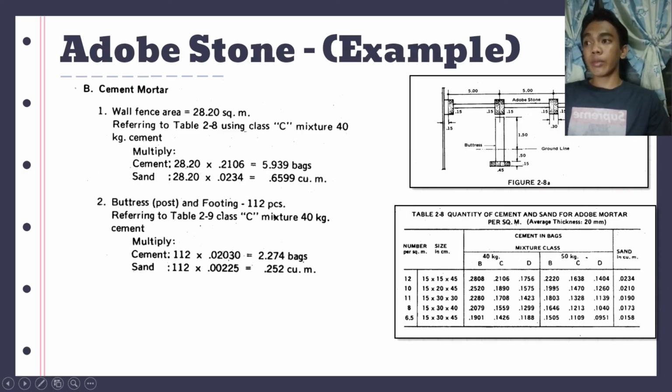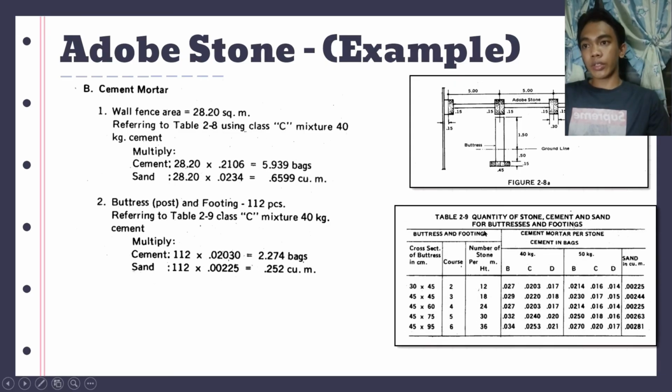Now for buttress and footing, we have here 112 pieces of adobe stone. Referring to table 2.9, Class C mixture, 40 kilogram of cement. By the way, we are now calculating for the block laying.